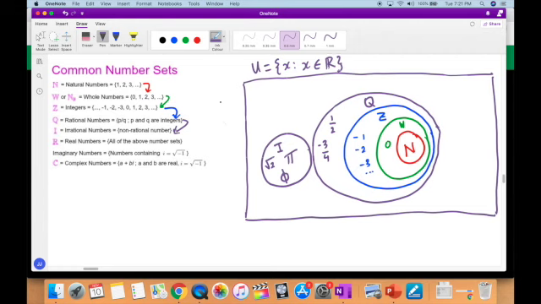And this here would be the Venn diagram showing you how all of the numbers in maths are basically in sets, in groups. We just grouped all of the numbers in the universe. Remember, we didn't deal with the imaginary numbers because those are imaginary, they don't exist.